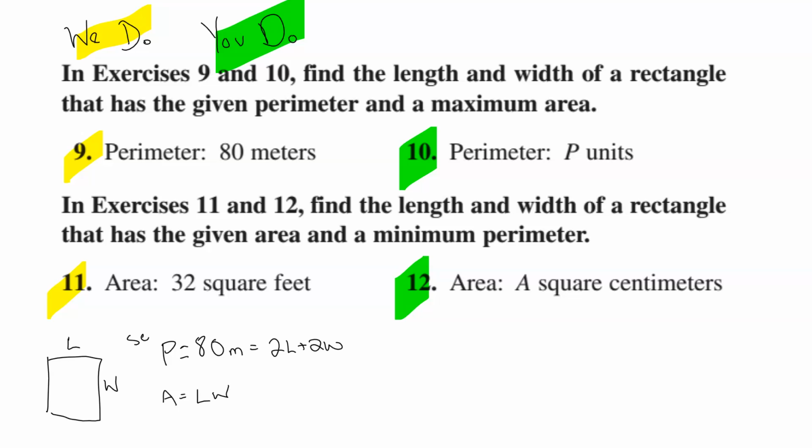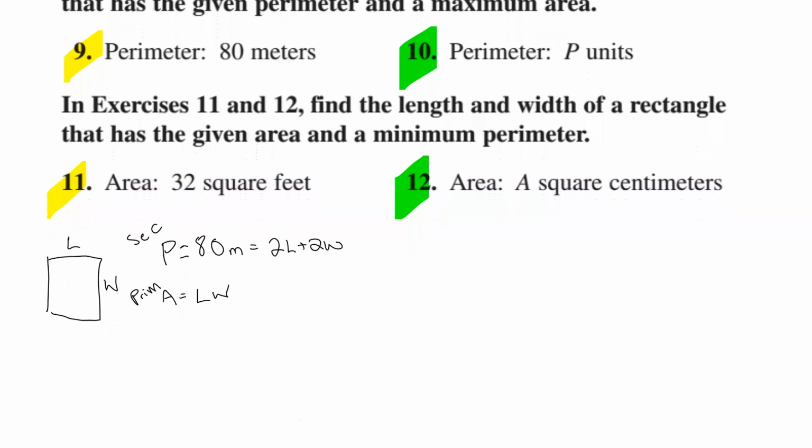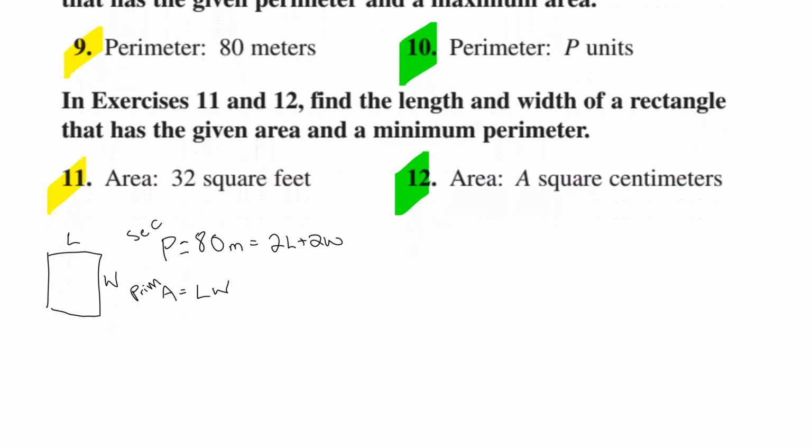So we have our secondary equation, our constraint, right? We can only use 80 meters for our perimeter. And our primary equation, the one we're trying to maximize, in this case the area of a rectangle. So we have to solve the secondary equation for a variable and substitute it into our primary equation.